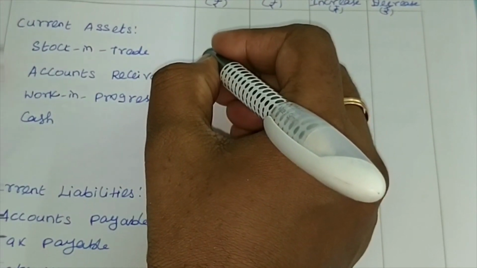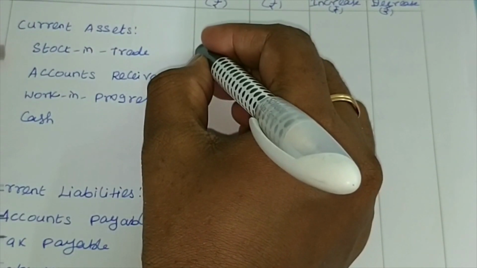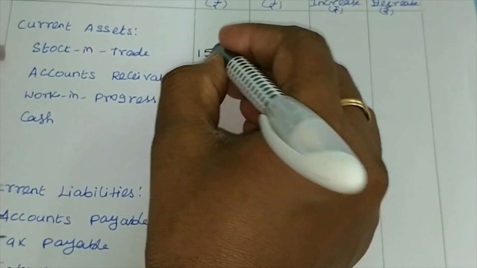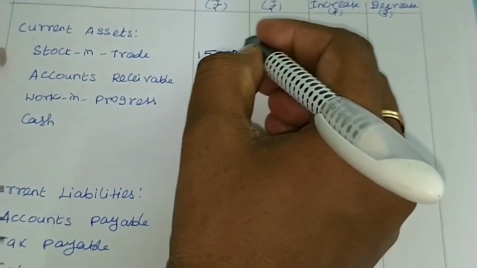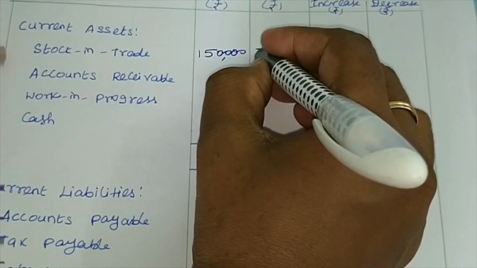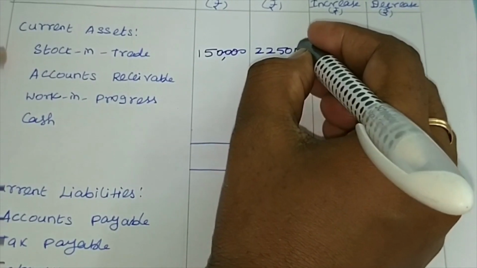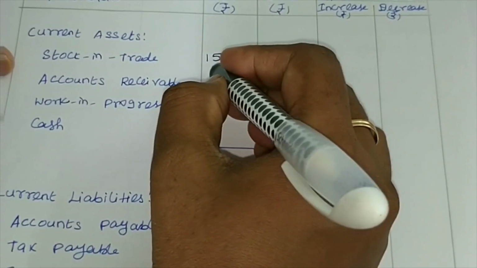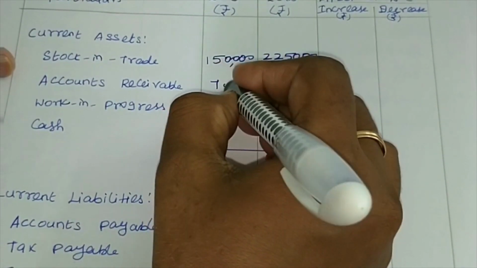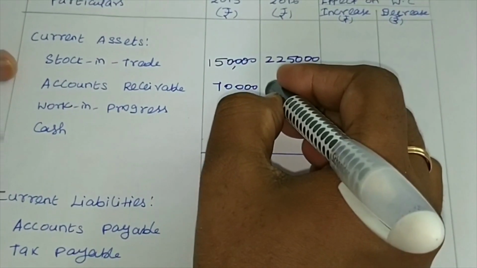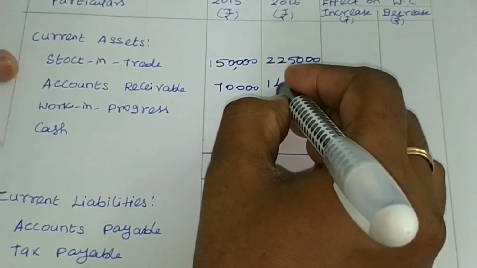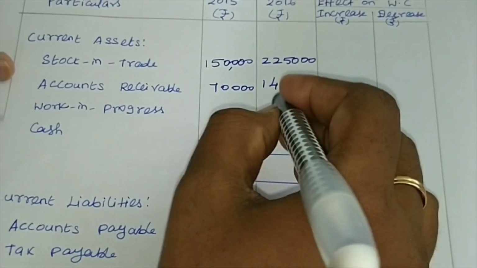Current assets: stock in trade for 2015, 1,50,000. For 2016, 2,25,000. Accounts receivable for 2015, 70,000. For 2016, 1,40,000.